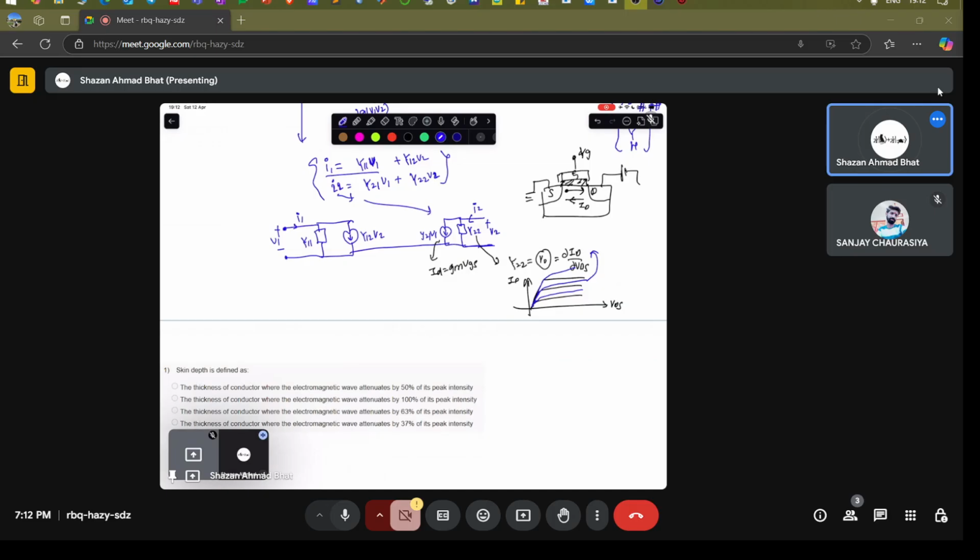And this particular admittance is most of the time the gate to source capacitance, which is basically the input capacitance. And this V1 is VGS, the gate to source voltage, which is this voltage, some plus and some minus.